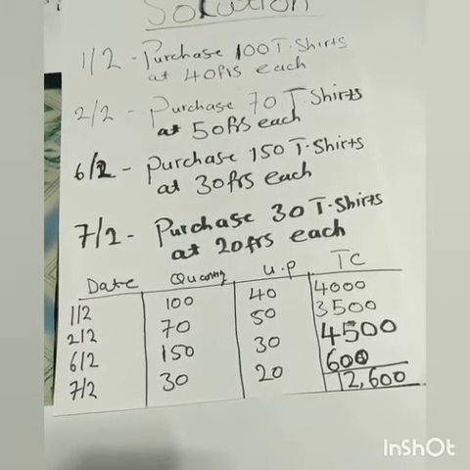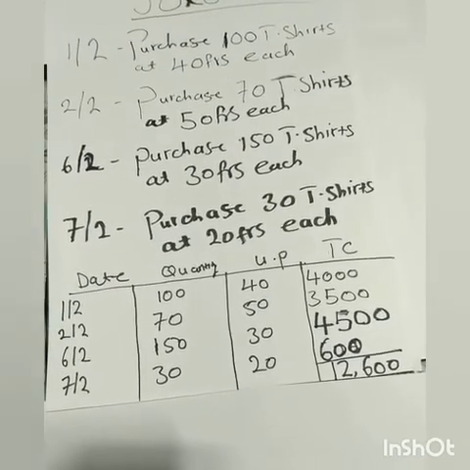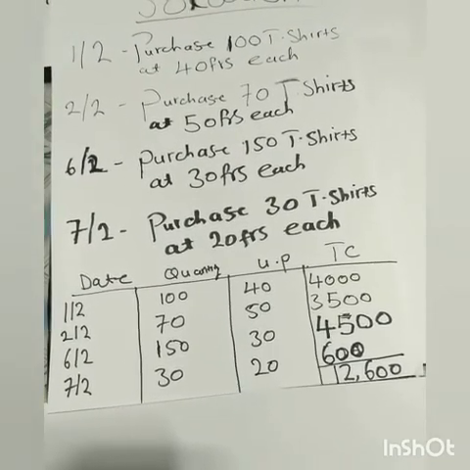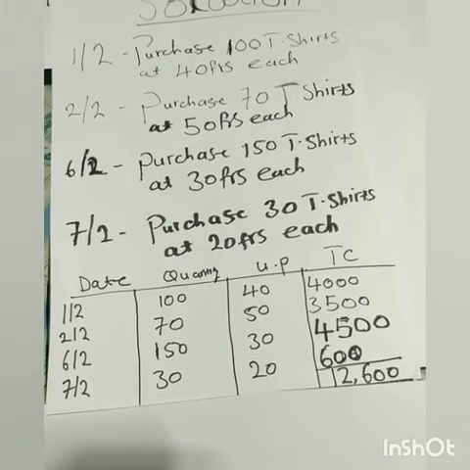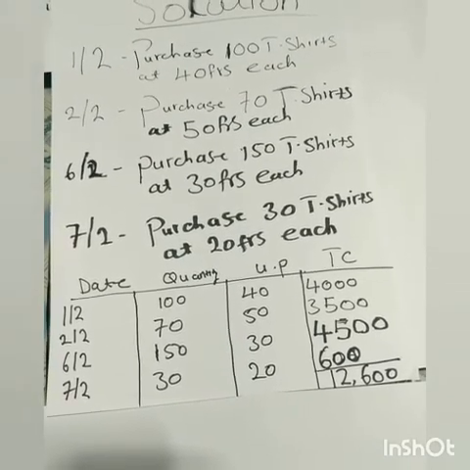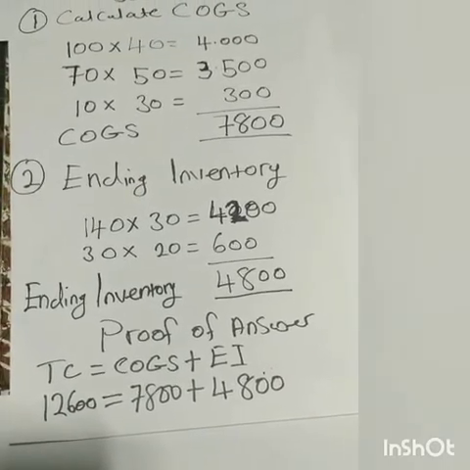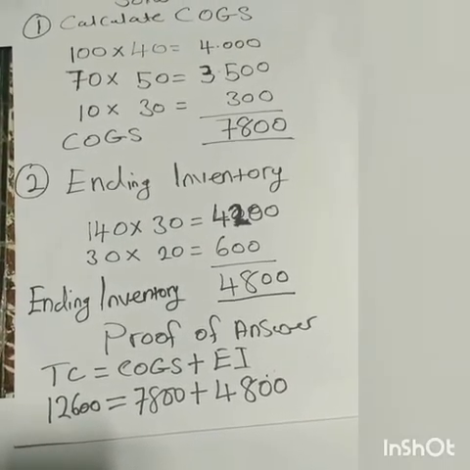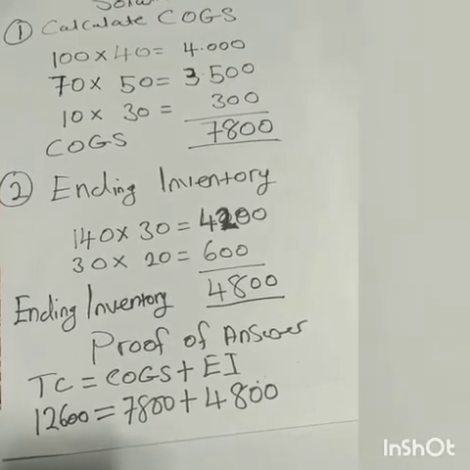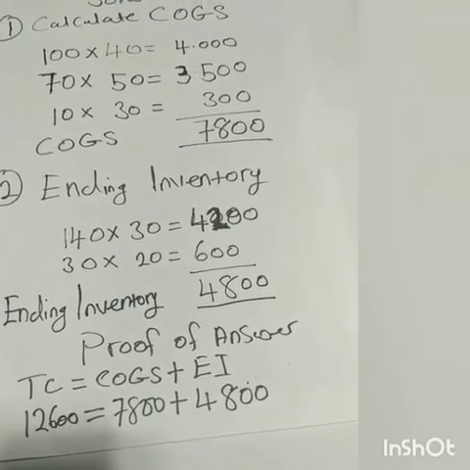Now, after calculating your cost of goods sold and then calculating your ending inventory, if you take the amount of cost of goods sold and the amount of inventory, it should be equal to this 12,600. So I believe you can see the proof down here. If you calculate all those sums on that table, it will give you 12,600.